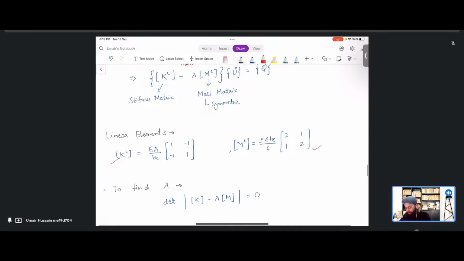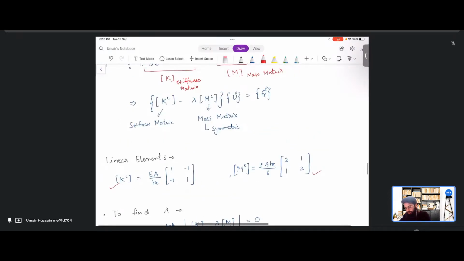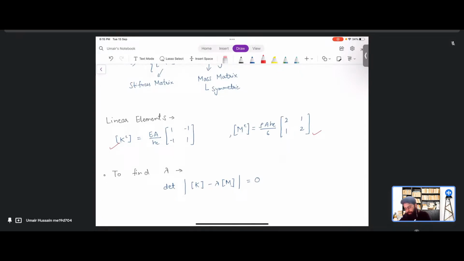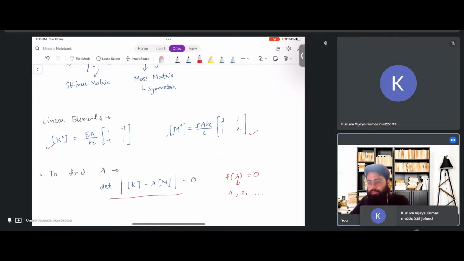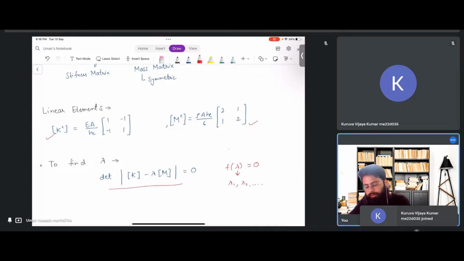In order to get the eigenvalue of the problem, we need to get the characteristic equation, and that we can do by taking the determinant of K minus lambda M. So this would give us some function of lambda which is 0, and solving the roots of this polynomial would give us the eigenvalues of the system. Depending on how many independent nodes there are for this problem, we'll get a different number of eigenvalues.